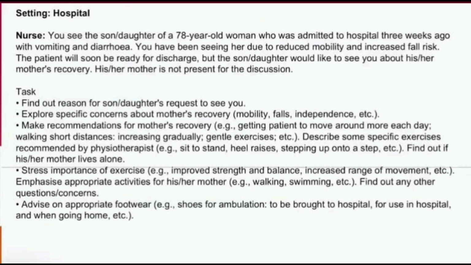Okay, so as a nurse we can suggest, and we can construct the sentence like this: it is advisable for your mother to wear appropriate footwear for proper ambulation, and please bring it to the hospital, and when your mother is in the hospital you can use that footwear for her, and once she is discharged, then please take it back home and have her wear this footwear to reduce her fall risk.